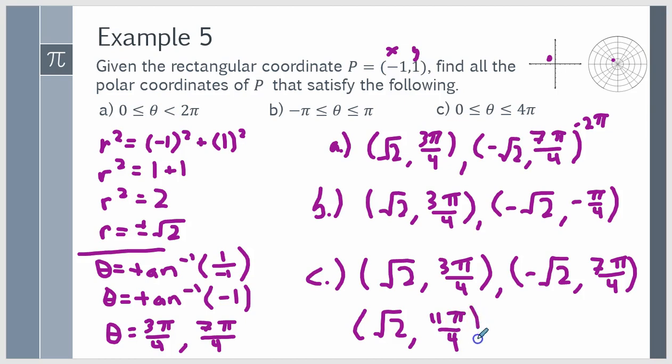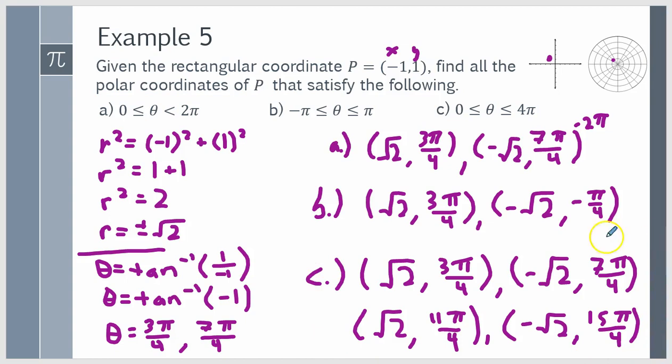That's why this is another valid answer. And then I'm going to do the same thing with this one. Keep the r value the same, but find the coterminal angle by adding 2 pi. So 7 over 4 plus 8 over 4 is 15 over 4. And this number is also in our domain. It is still less than 4, so that's why this answer also works.